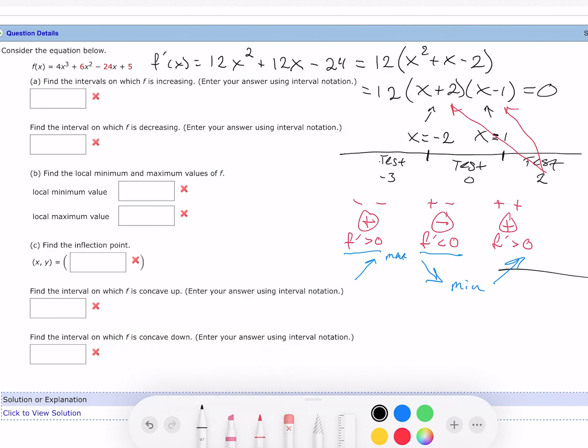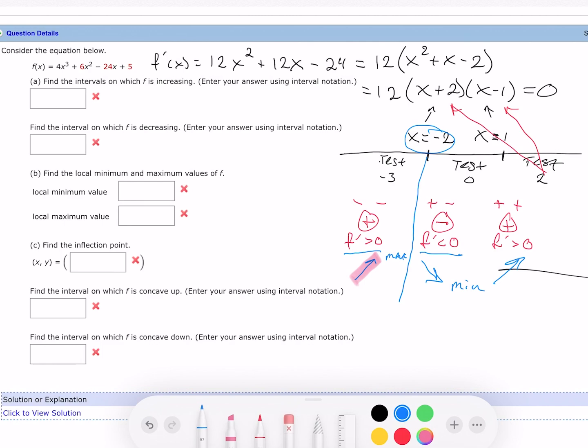Part A, find the intervals on which the function is increasing. That is everything to the left of x equals negative 2. Right, we were increasing there.